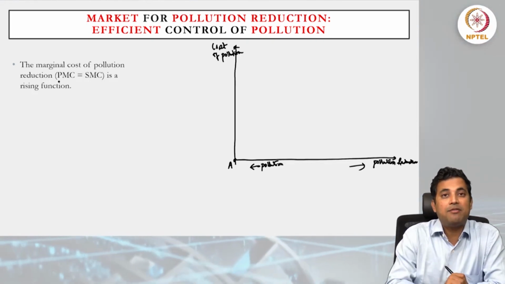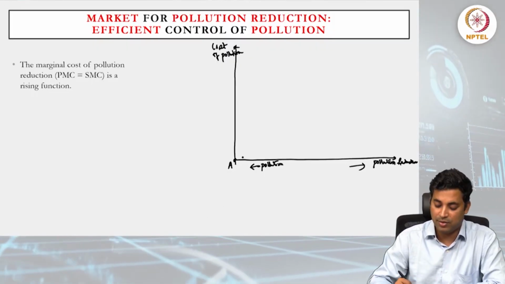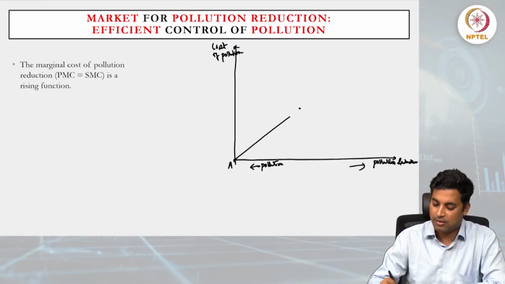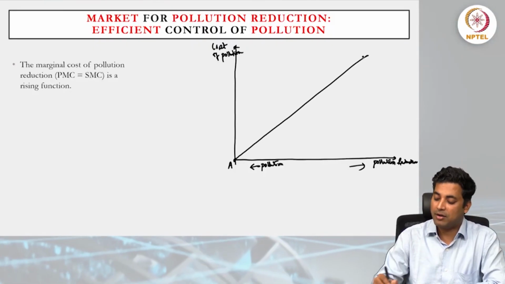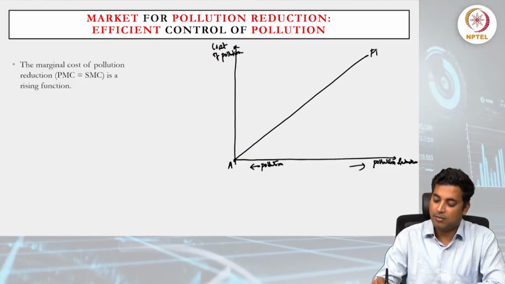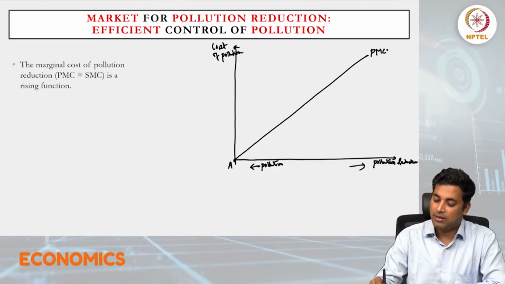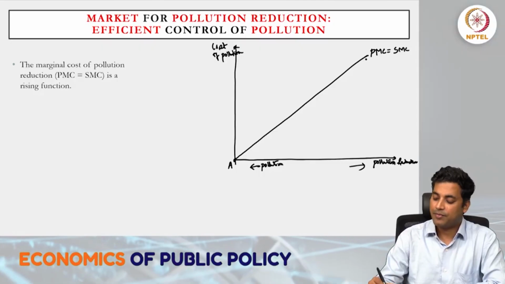So this private marginal cost and social marginal cost is a rising function, which means it is an upward sloping curve, where private marginal cost is equal to social marginal cost.